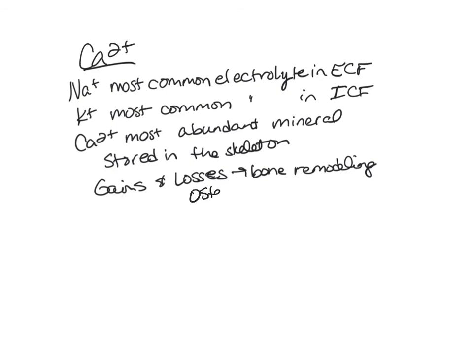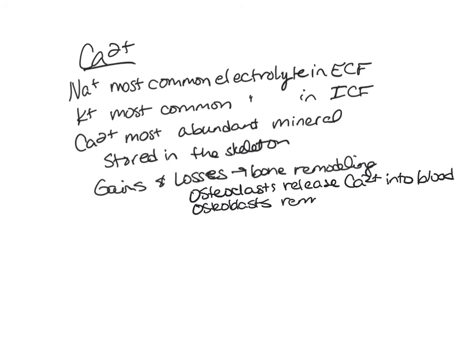So osteoclasts release calcium into the blood. And then the osteoblasts, they lay down new bone and they remove calcium from the blood so that they can pack it into that new bone that was being built.